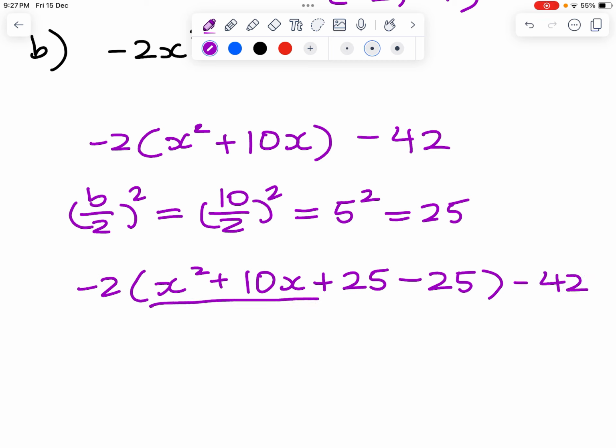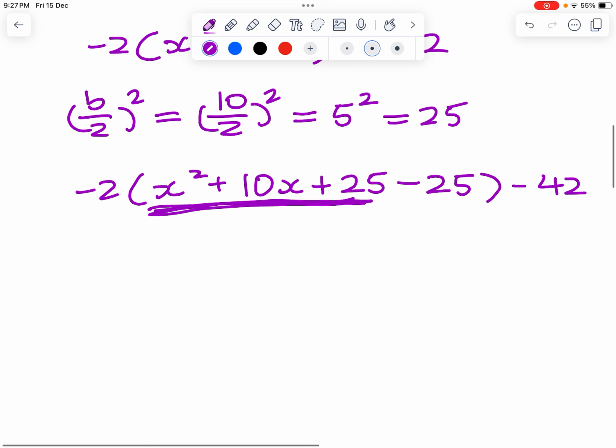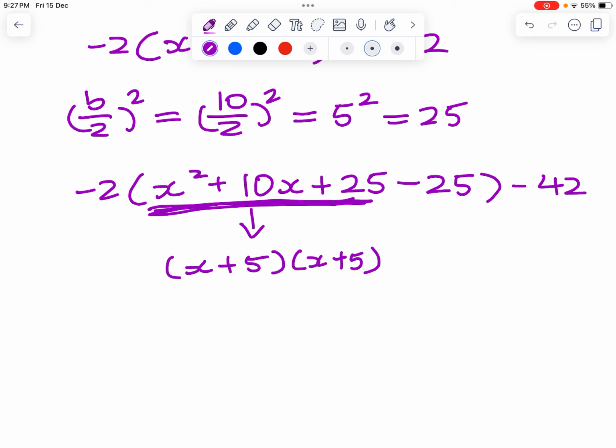Again, we focus on just these three numbers. If we factor it, we get (x plus 5)(x plus 5), which simplifies to (x plus 5) squared. Then we have the negative 2 outside, and this number here.